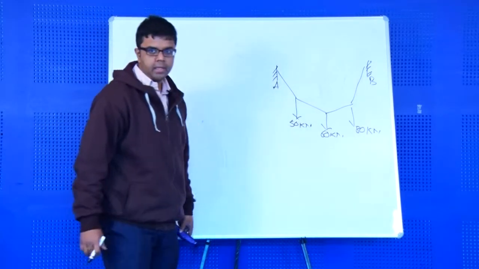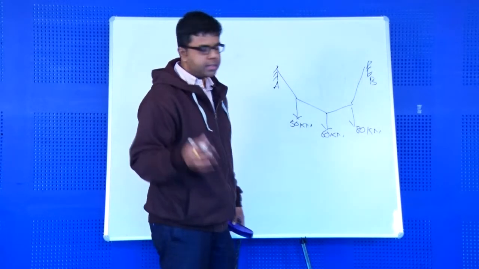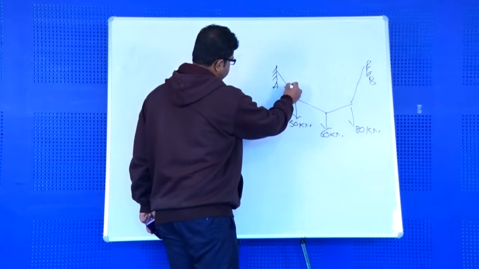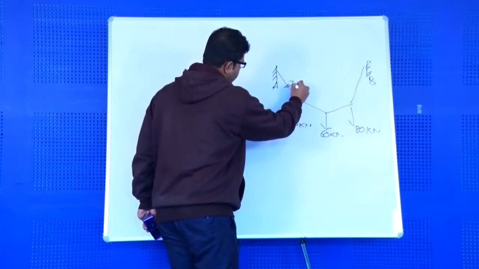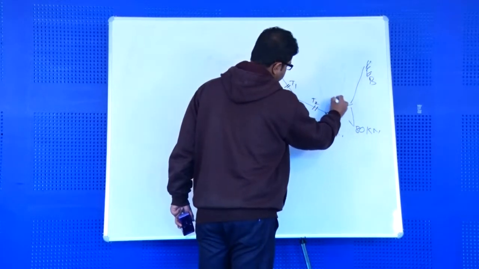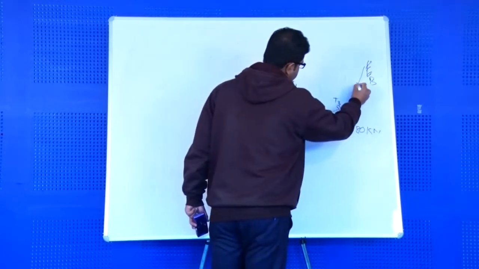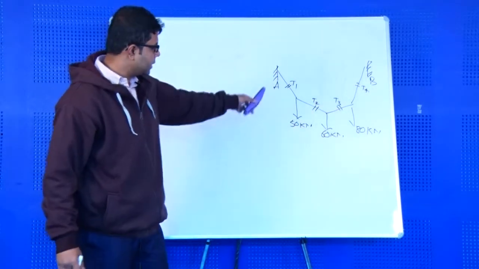So what are the parameters we have found? First, the most important parameter, the tension in the cable segments. Tension in this segment, let us name it T1, in this segment T2, in this segment T3, and in the last segment T4.